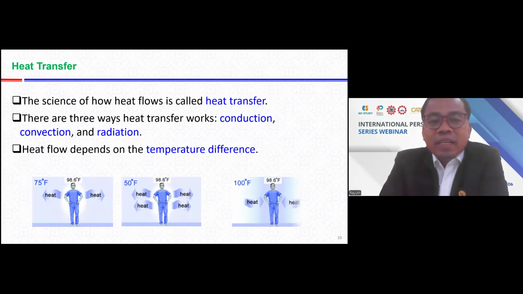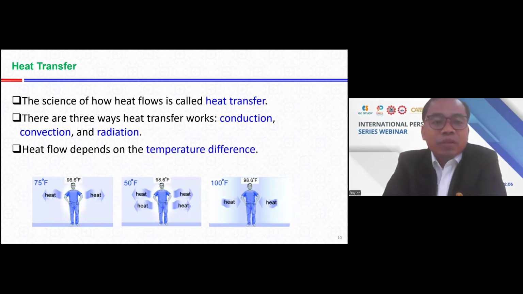In the first picture, the temperature of the person is 98.6 Fahrenheit and the outside is 75 Fahrenheit, so the heat of the person's body will be transferred to the outside.